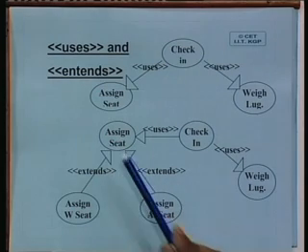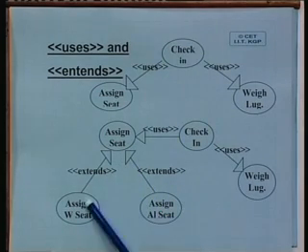The assigned seat is basically the extension of two other use cases. So, this is a very basic construct that by using the uses and extends you can basically identify a large number of different constructs which can actually be possible.